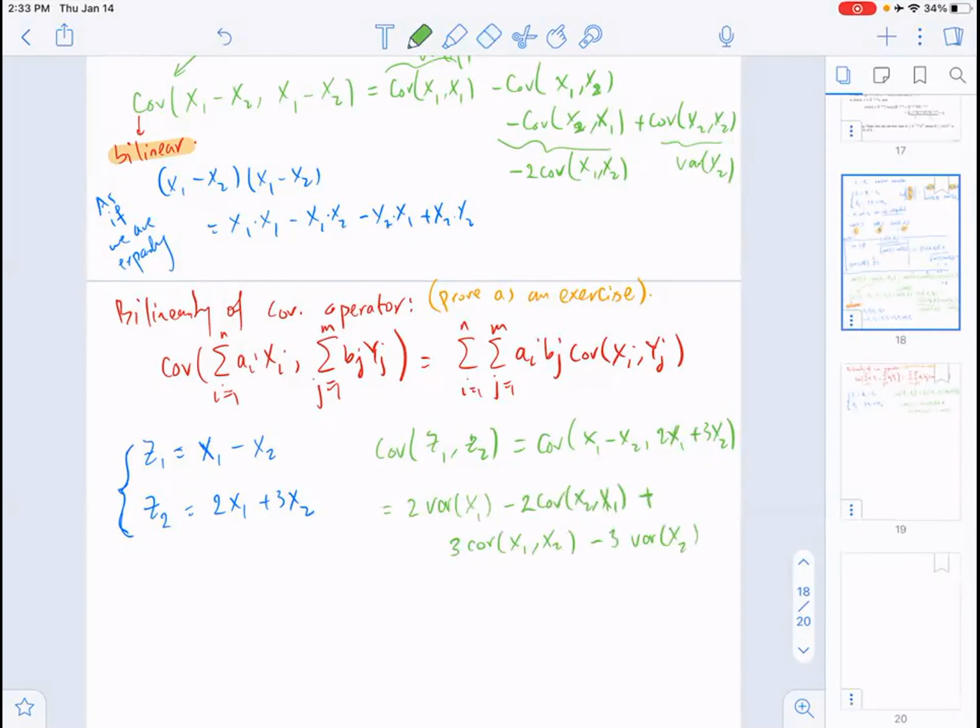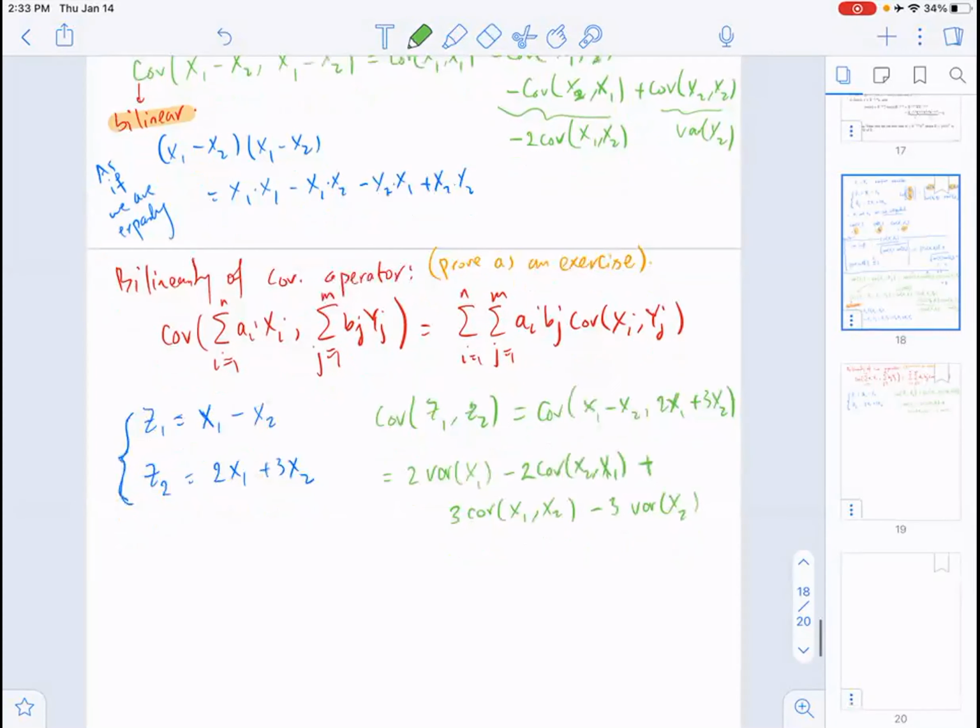So let's check. It's this times this, which is 2 times variance of x1. The first coordinate times the first term, the second coordinate times the second one, x1, x2.